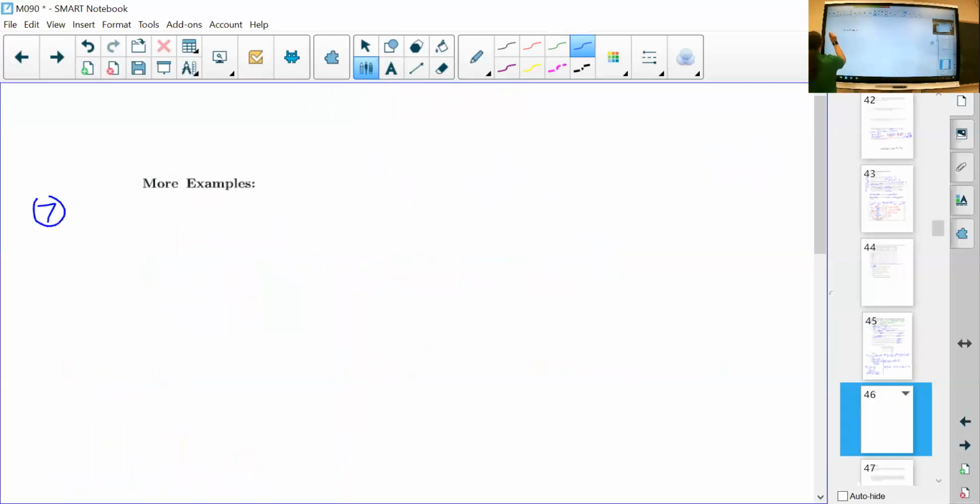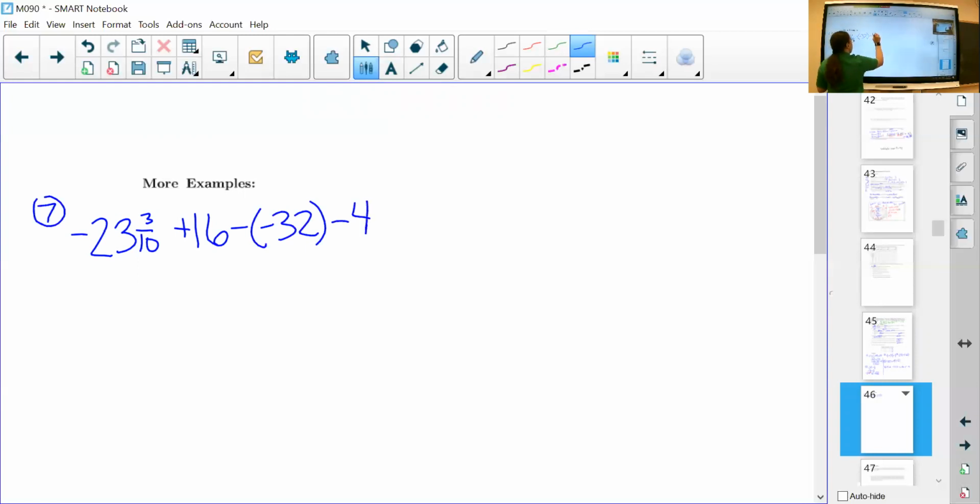Number 7. Negative 23 3/10 plus 16 minus negative 32 minus 4 1/5 plus 6. Something important to bring up here is that order of operations matters.